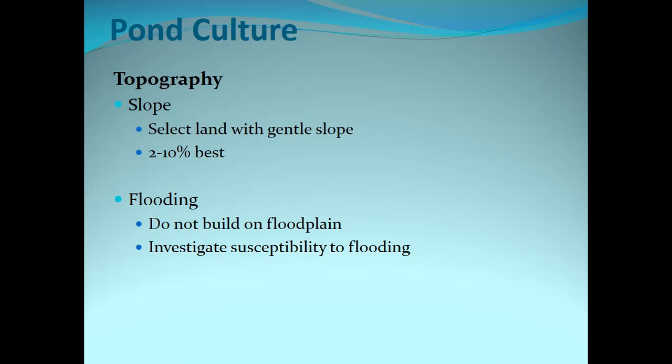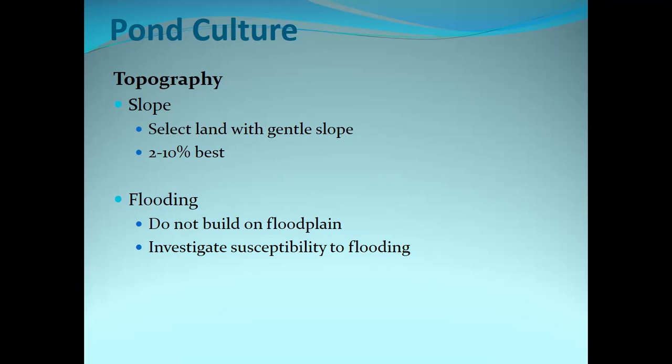So if we have a drain out at one end, the lowest end of the pond, and the pond has a slope with the lowest end being where we have the drain out, when we open that drain out, and we will see photos a little later on, the water will start to exit the pond.